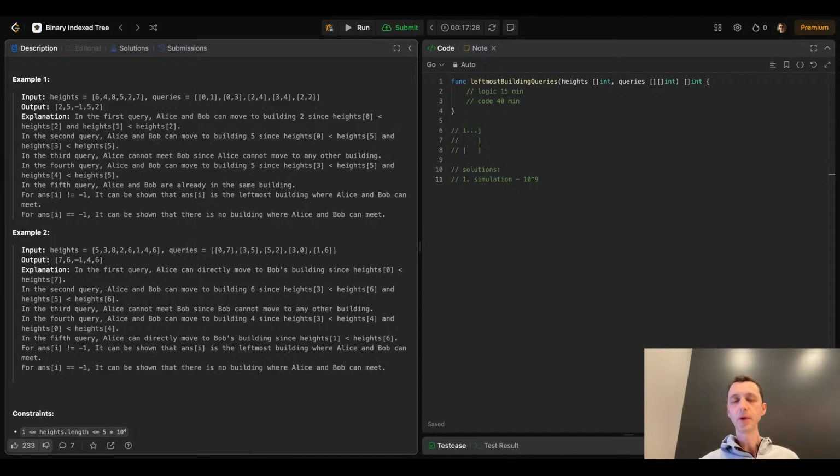What could we do in constant time? Could we know for a given number, because we need to take the biggest number out of these, right?